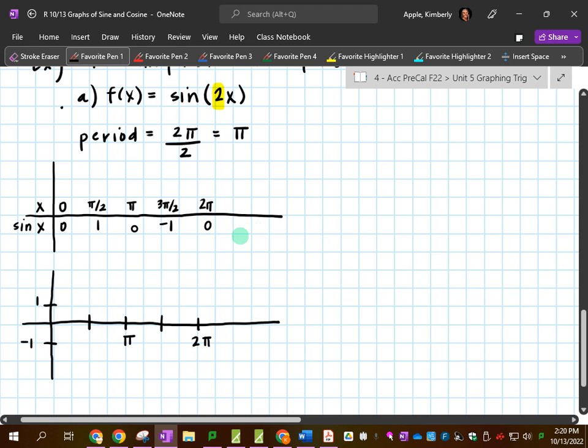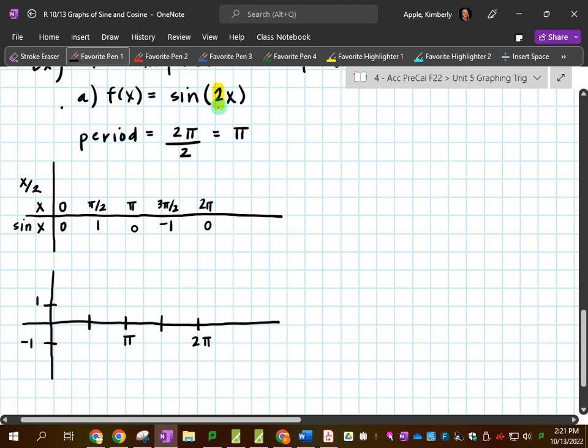Okay. Now, instead of messing with the output values or the y values, things inside the parentheses actually change the x values. Okay? So instead of recalculating these, I'm actually going to recalculate these up here, and this is going to be x divided by 2. Remember, we do the opposite.